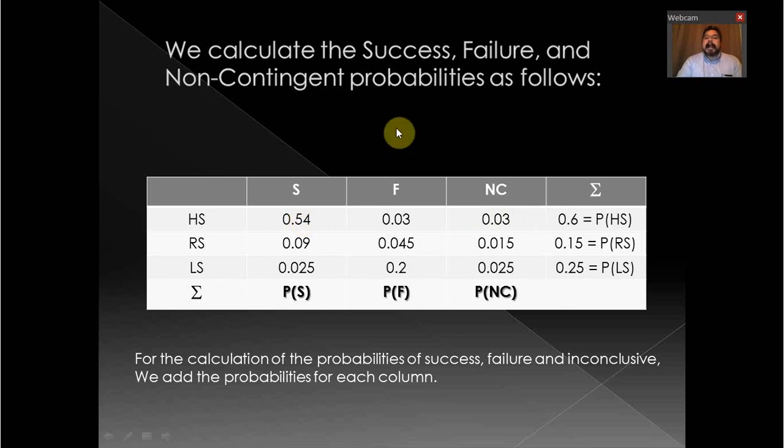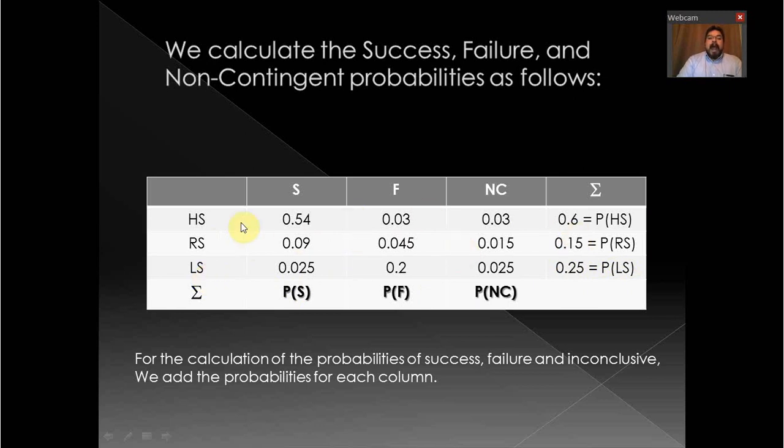If we analyze this chart a little bit, we can see that if we add all the rows, we have the initial probabilities that we already knew. If we add 0.54 plus 0.03 plus 0.03, we have 0.6, which is the probability of high sales. If we add all the elements in the second row, we have 0.15, which is the probability of regular sales. And for the third row, we can add up to the probability of low sales.